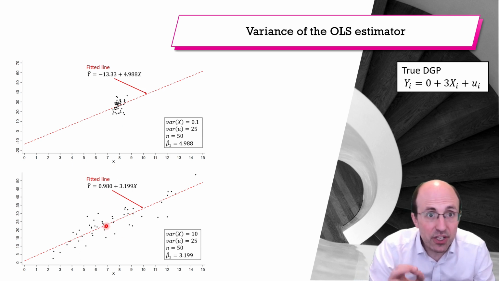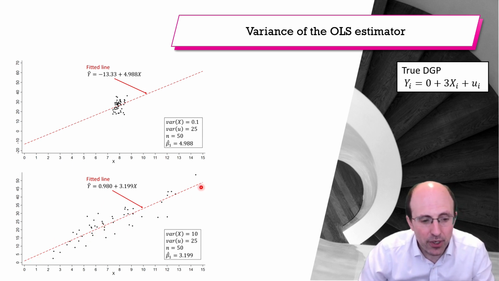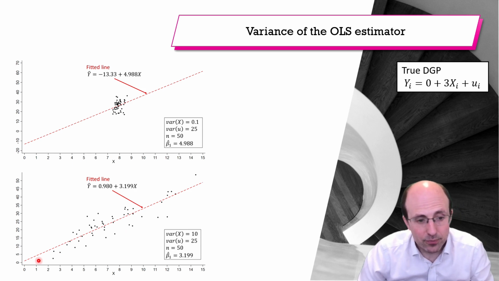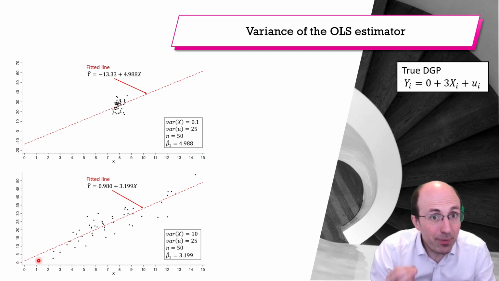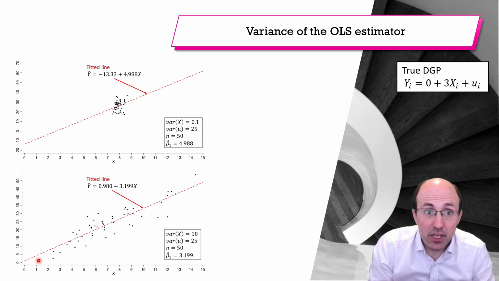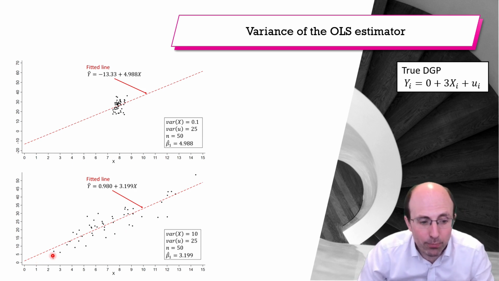Now, what you can see in the bottom example is that there's a much better signal of the underlying relationship between x and y. Because we've got more variability in the x, you can see a much stronger trend in the data. Even though the top data is generated using the same data generating process, there's much less signal.